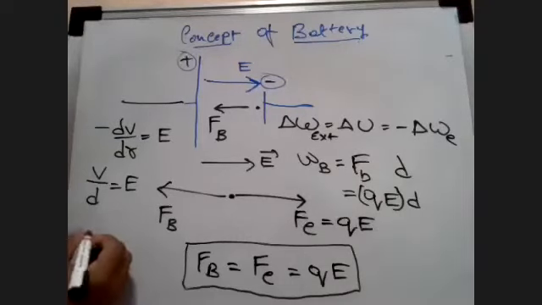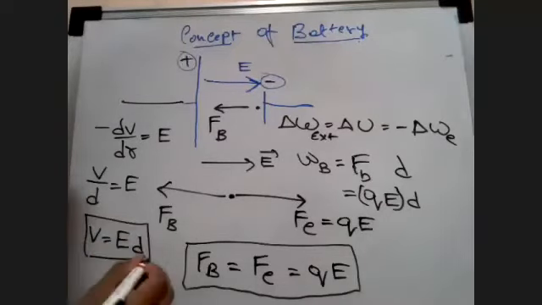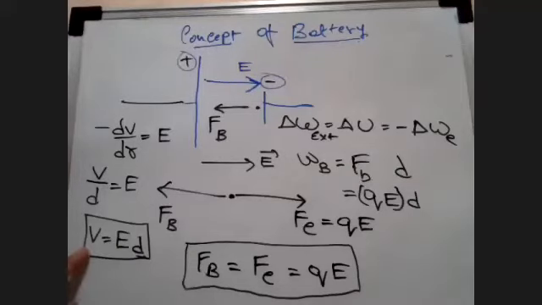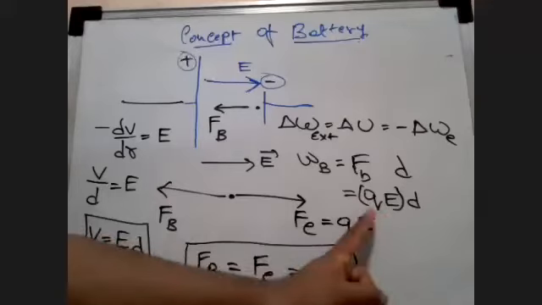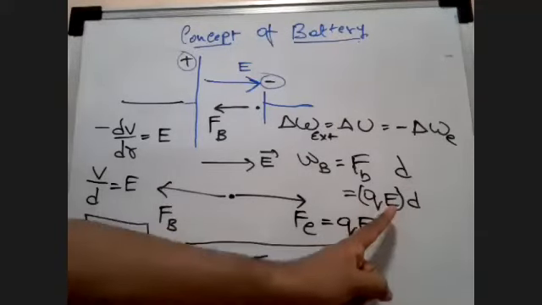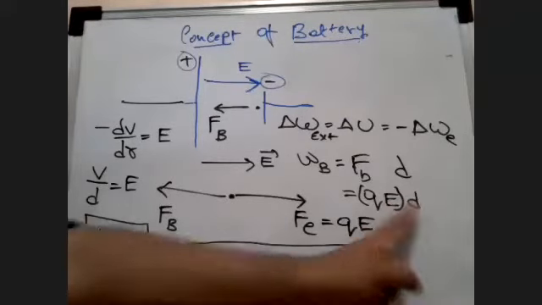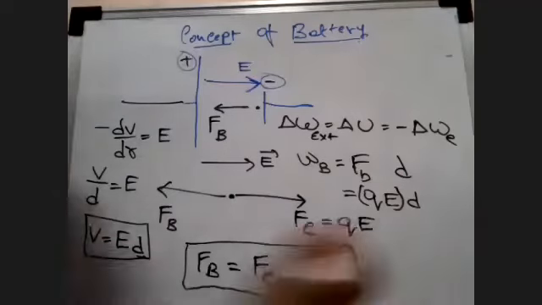So can I say that potential here is E times D? If I know that the potential is E times D, and you can see from this formula Q into E into D, can I mix E and D and call it V? Yes, sir. And that is exactly what I will be doing.